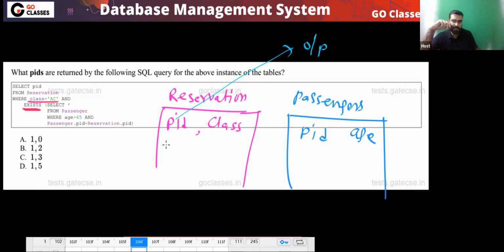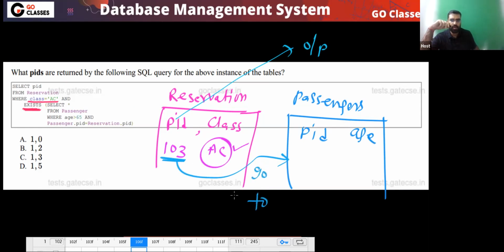For example, for this PID, I will check that class must be AC. Now for this PID, what will I do? I will go to the passenger table. Yes or no? For every PID, you will go to the passenger table and then you will check.